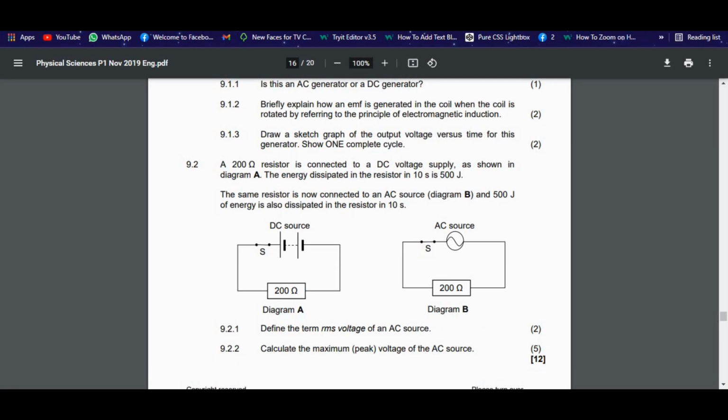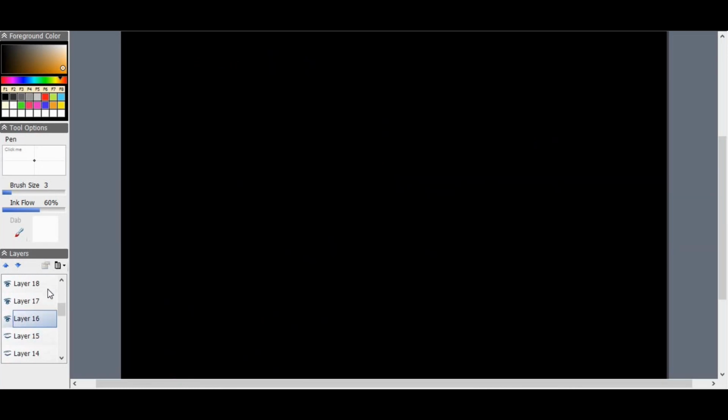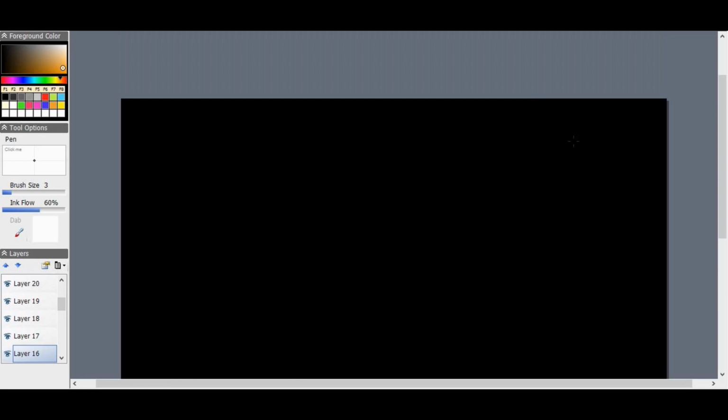There's more than one method to do this, but let me see how we can do this most simply. Okay, let's denote what we have. The energy, which in power terms is down to work, is 500 joules.